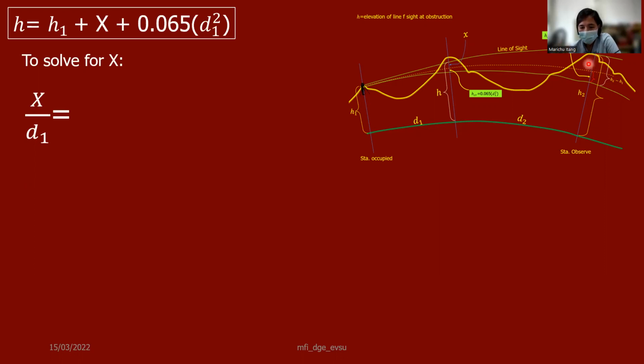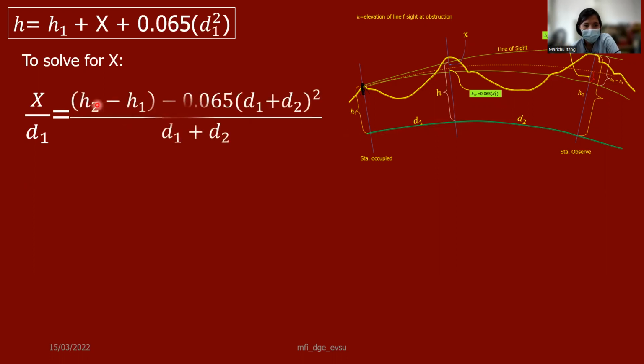Okay, so this is equivalent to H2 minus H1 minus this one, which is 0.065 D1 plus D2 squared, over yung ating proportional distance na since buong haba na siya, this is D1 plus D2. So this is now our working equation.